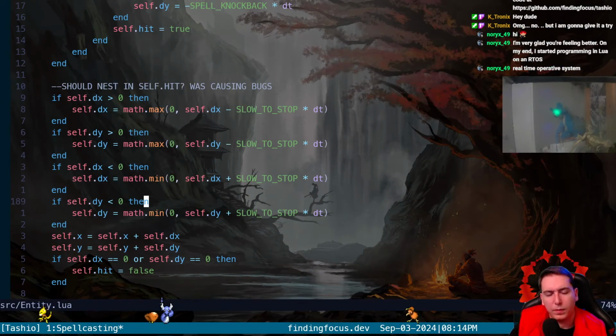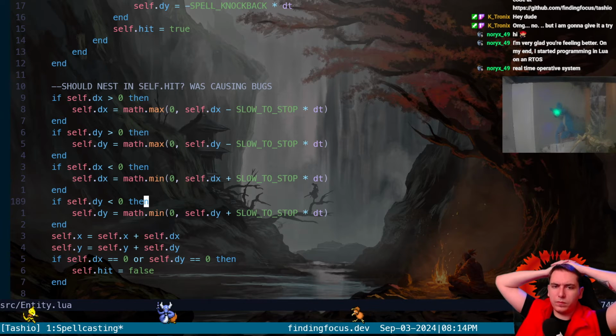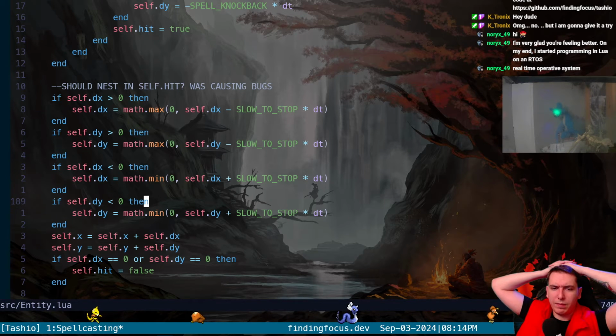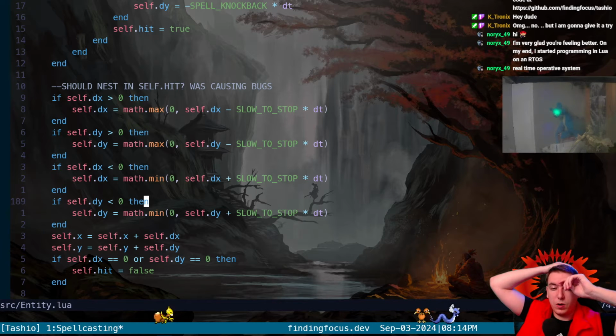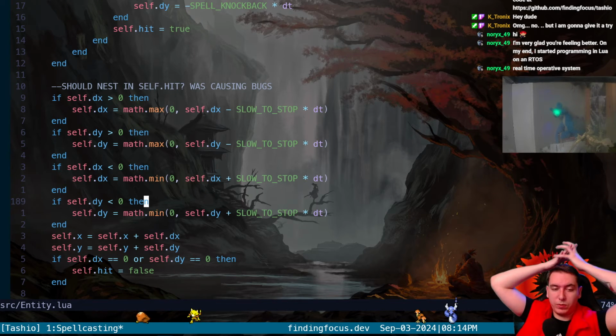So if it's 1 frame a second, we would add our slow to stop times 1 until we hit 0. And if it's 60 frames, we would add a 60th of 1 over the course of 60 frames, which would be 1 second.